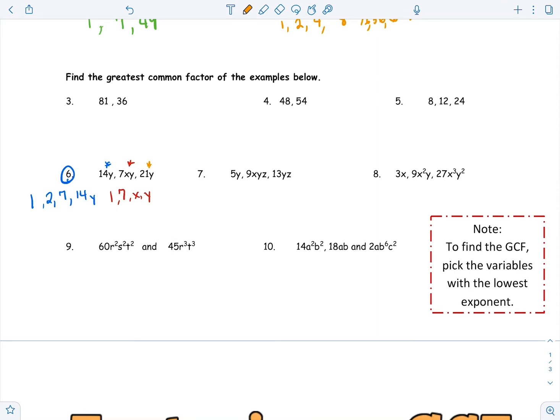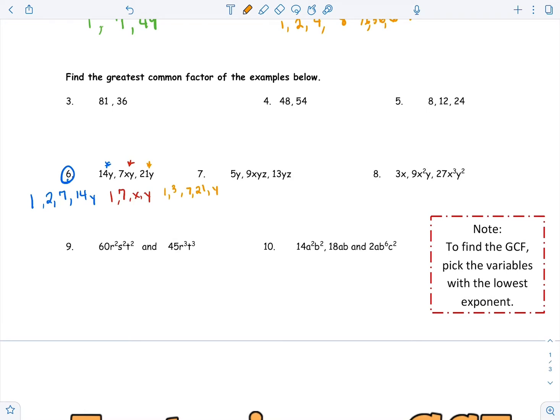And the third one is 1, 21. Don't forget our y. Three, 7. And that's that.